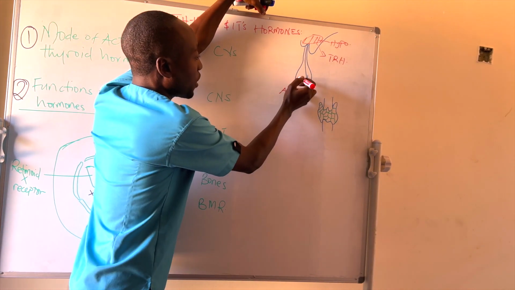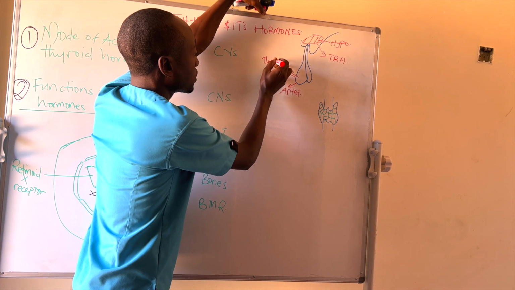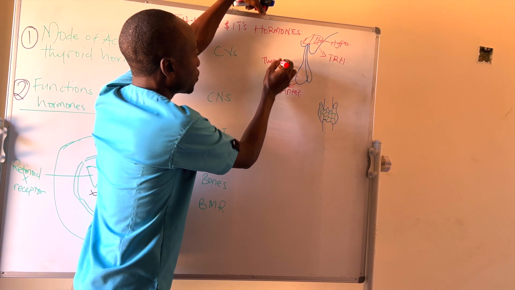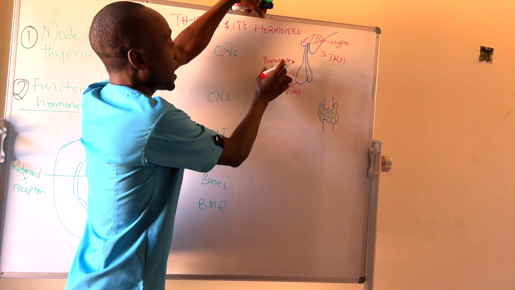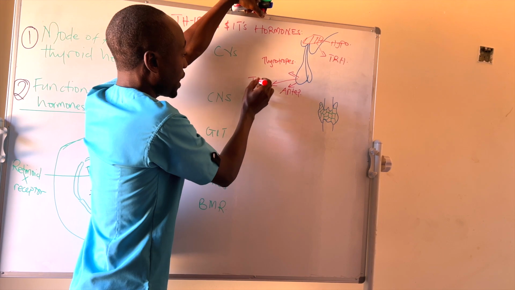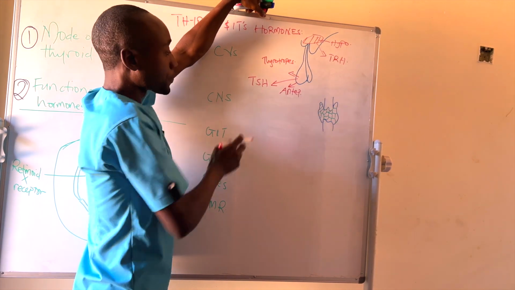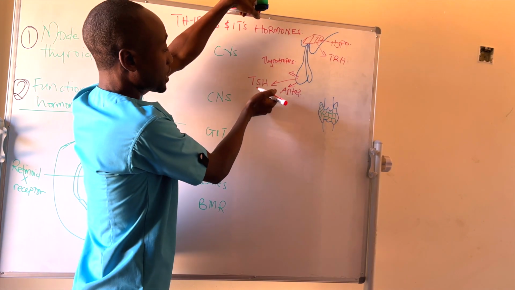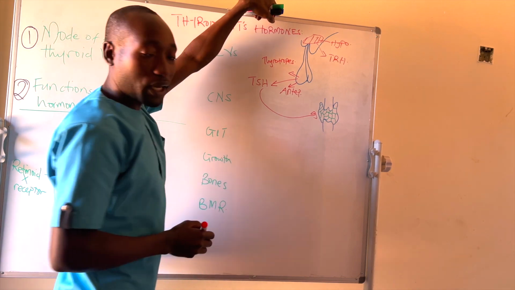And inside here we have cells that we call thyrotropes. These are the cells that produce a hormone that we call TSH, thyroid stimulating hormone, okay? Therefore, this TSH comes to the thyroid gland.